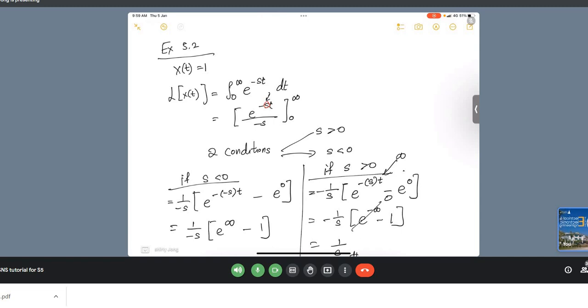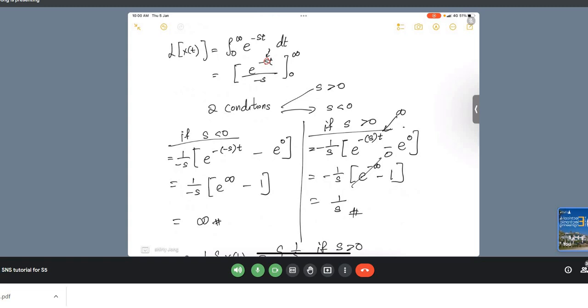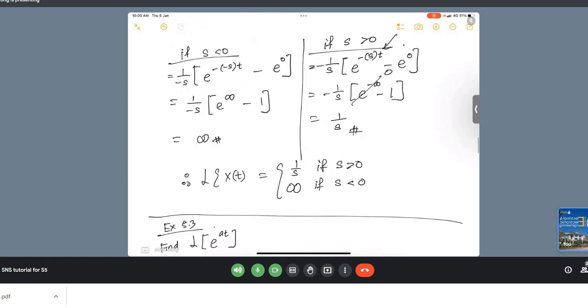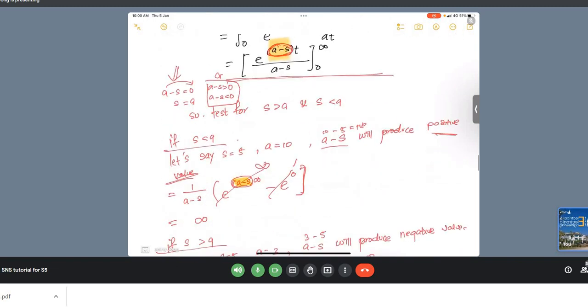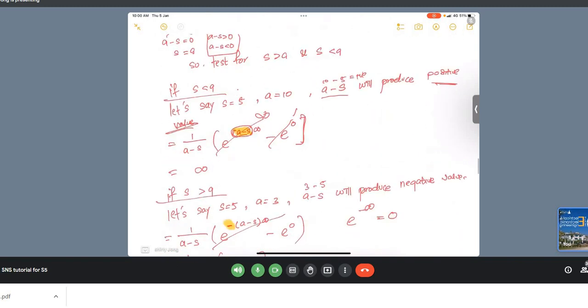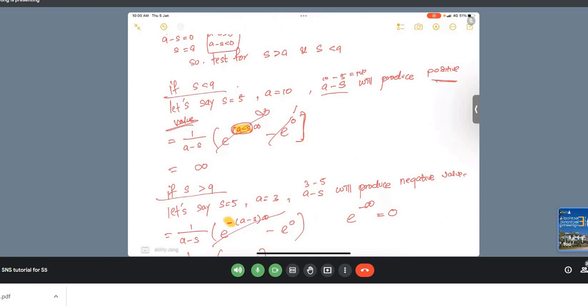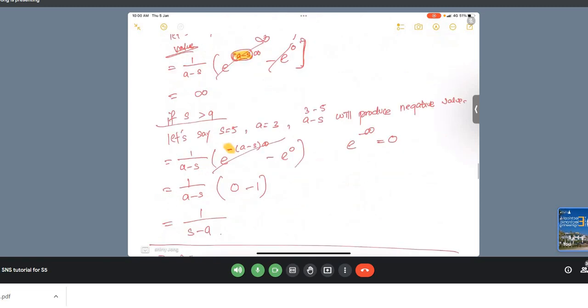You boleh nampak kan kelas? Okay, if less than 0, you will get infinity. If more than 0, you will get the value. But there's a different case like 5.3. Okay, this one you get less than 0 infinity, more than 0 is value.